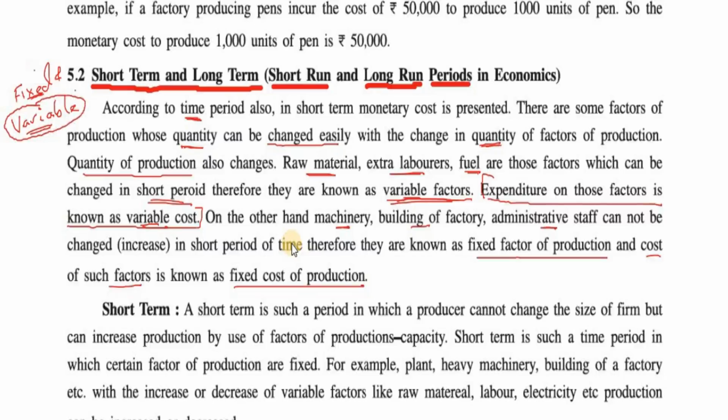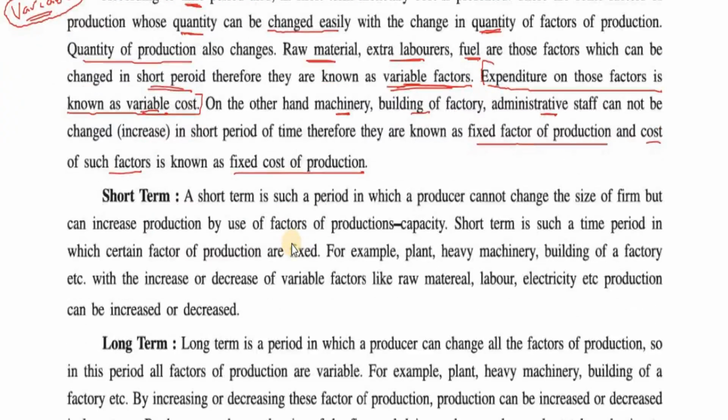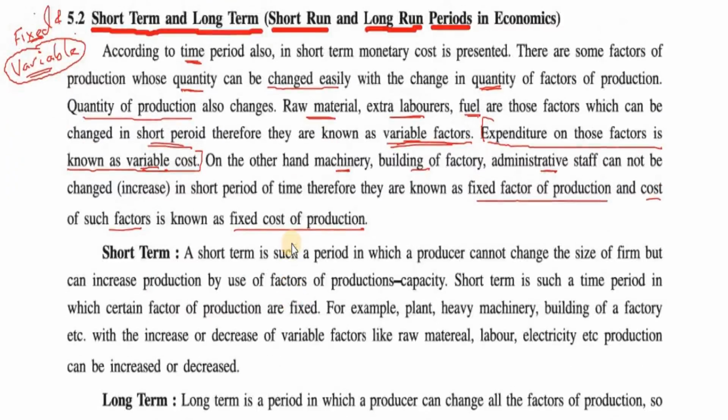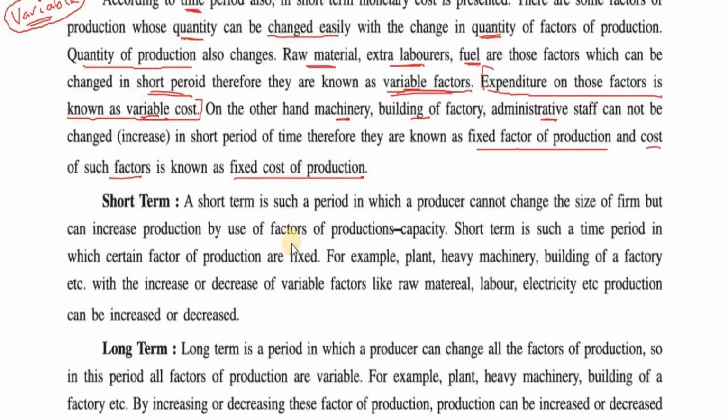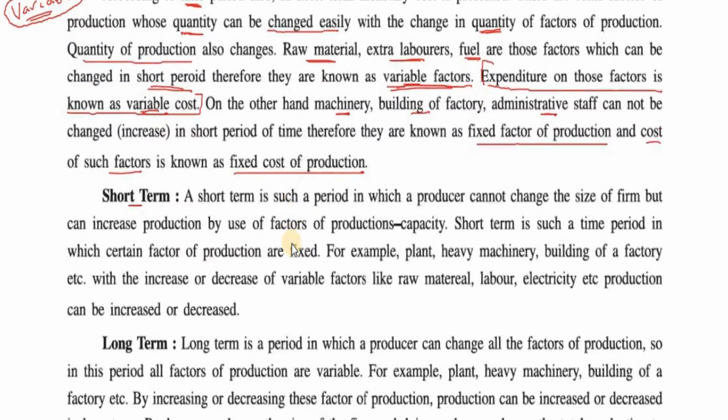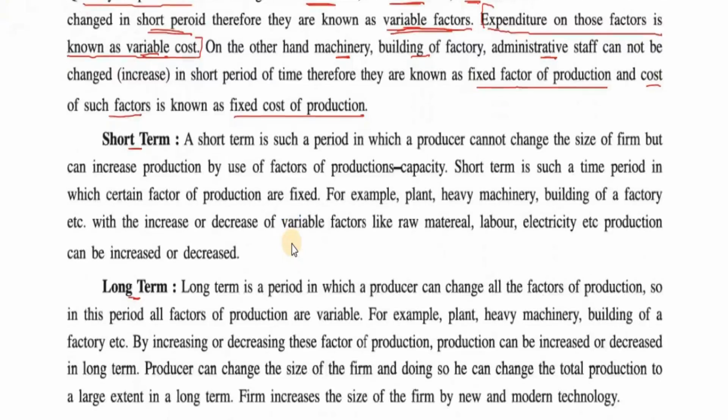Let's see a little bit more. So now, in terms of time duration, we can divide as short term and long term cost. A short term is such a period, see, it's a short term period, right? Less time is there.